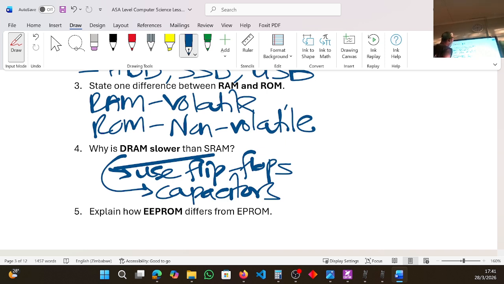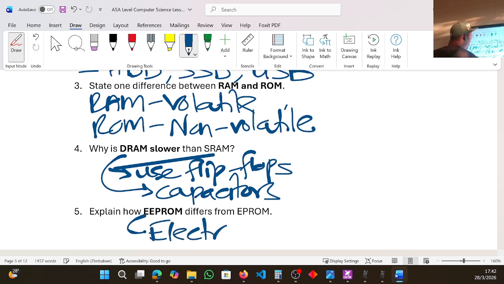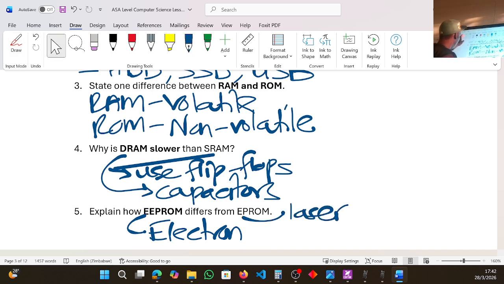Explain how EPROM differs from EEPROM. It's the manner in which data is erased as we want to reprogram. This one uses electricity, electronic, and this one uses laser to rewrite information.